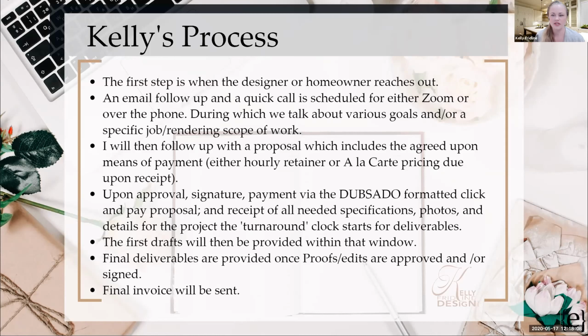And at that point in time, I'll turn around and say, okay, based off of this, here's the scope of work. I have then put together a proposal in Dubsado. If you guys don't know what it is and you're not looking for self-hosted, Dubsado is really a great choice.